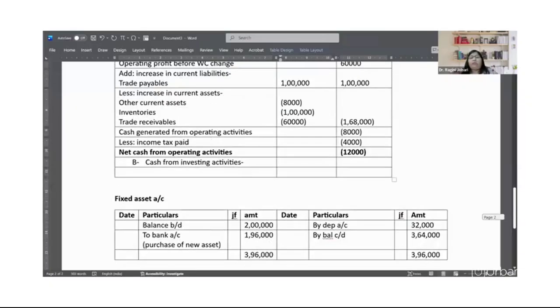So cash from investing activities. Now, the first thing that we are going to post here is purchase of fixed asset. Purchase of fixed asset, and amount spent is 1,96,000, and that is the only spent.